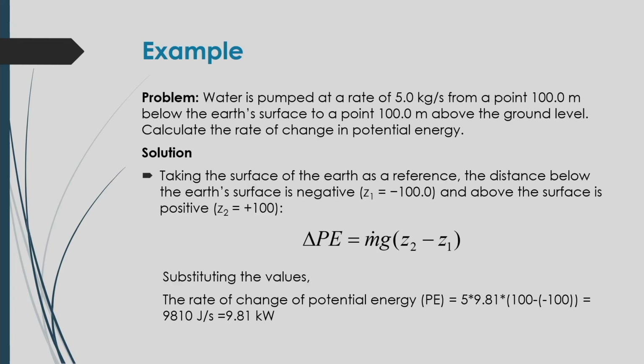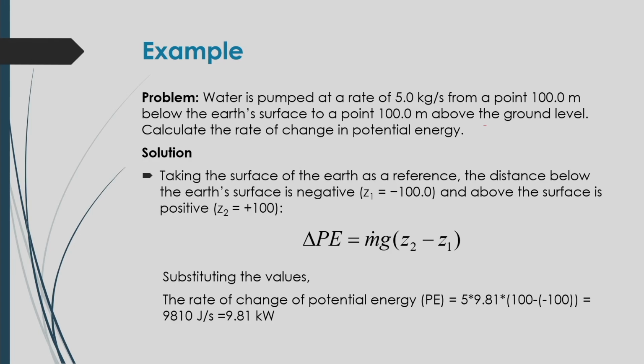Now let us do an example here. In this case again, water is pumped at a rate of 5 kg per second from a point 100 meter below the earth's surface to a point 100 meter above the ground level. In this case you have to calculate the rate of change in the potential energy.